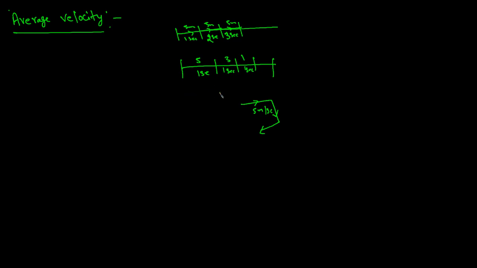Those are the basic concepts you need to know before you go over average velocity. So average velocity is going to be total displacement, I'm going to write it down, total displacement over total time interval.